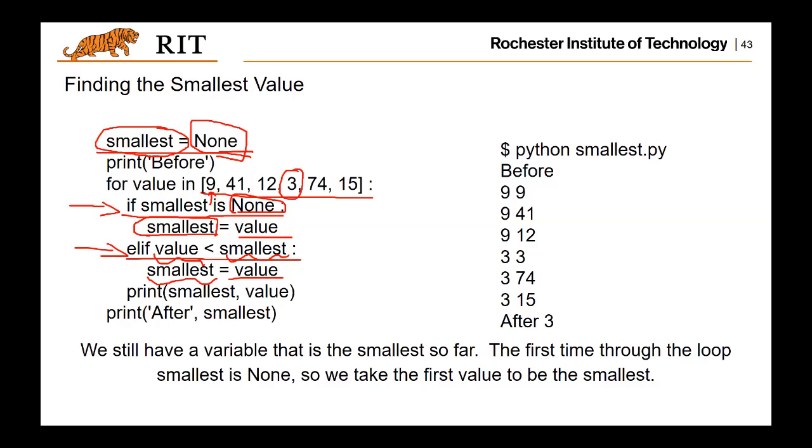So basically the key here is to set up an initial value of None and check it inside the loop to do some special treatment. That is, if the smallest variable is None, you just set it to the current value no matter what it is, because smallest contains nothing.